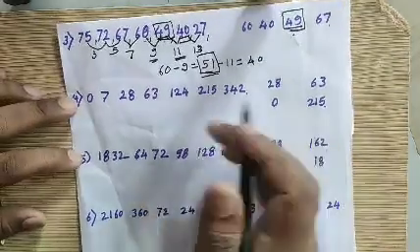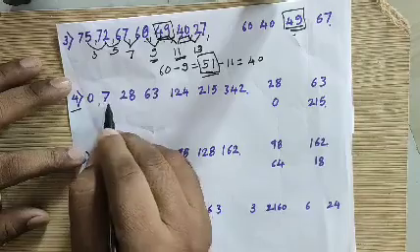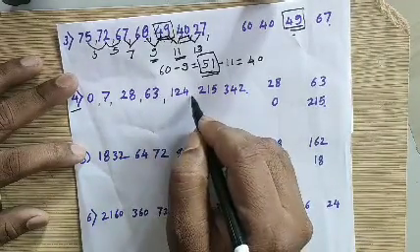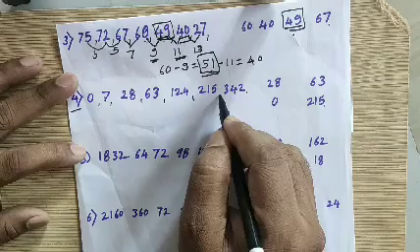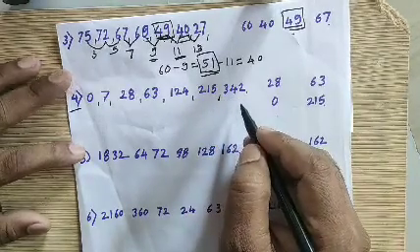So the next example is 4, 0, 7, 28, 63, 124, 215 and 342.